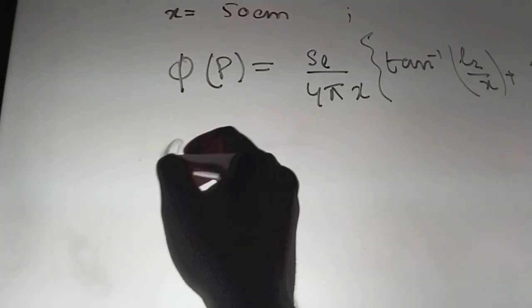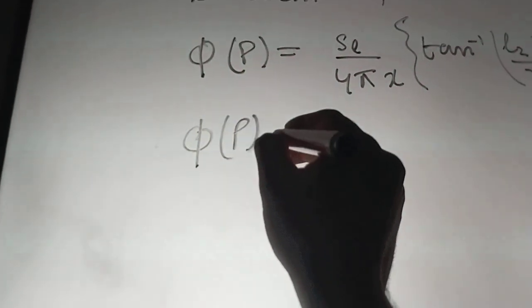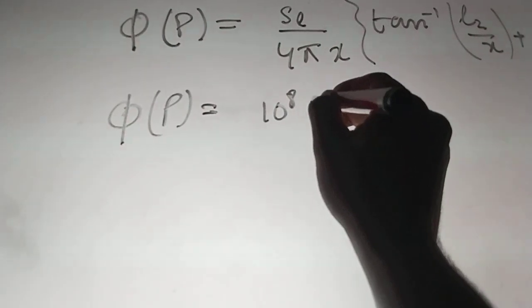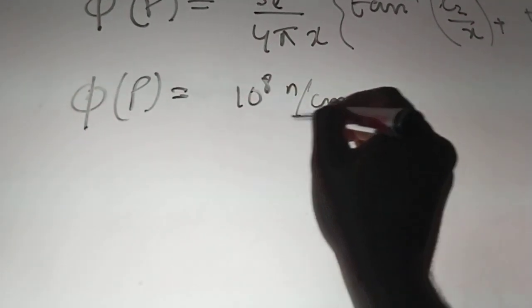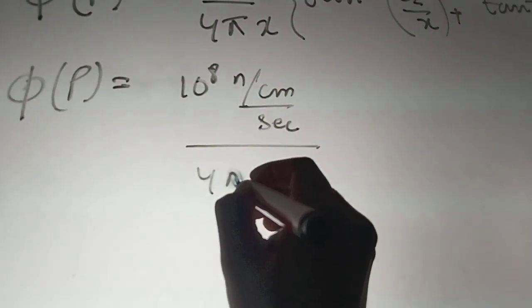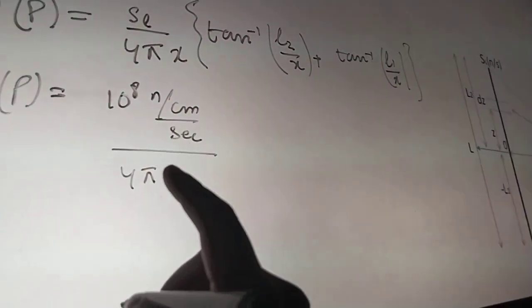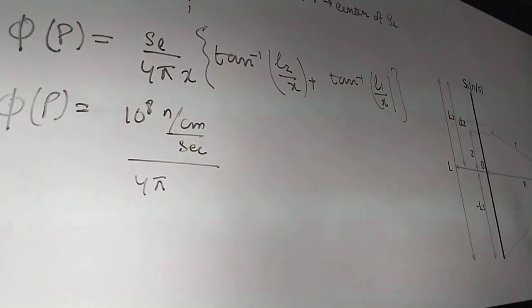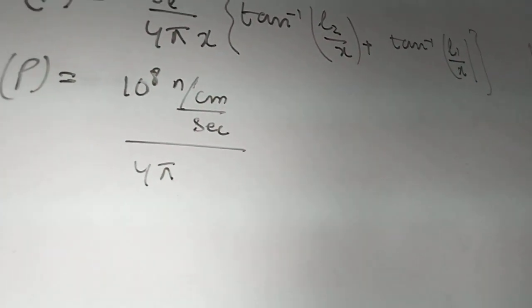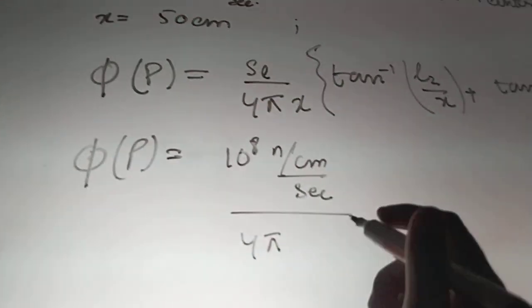Now just plug in the values. The flux at the point P is 10 to the power 8 neutrons per centimeter per second divided by 4 pi. What is x? x is the distance of the line source from the point where we are interested to find the flux, and that distance x is also given, that is 50 centimeters.